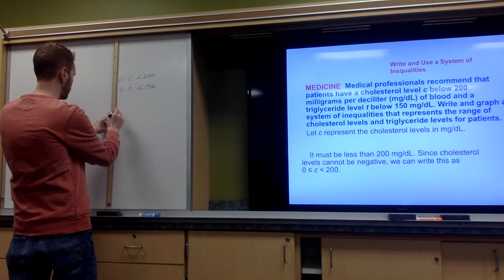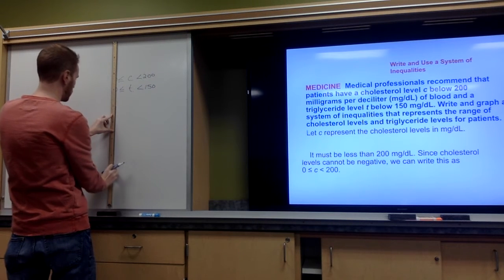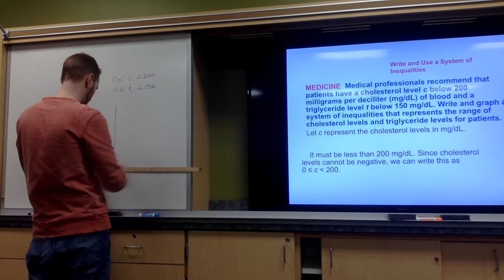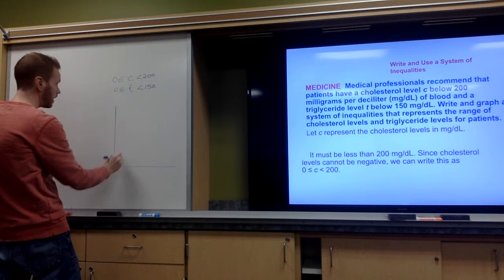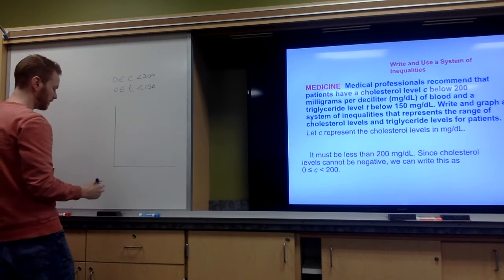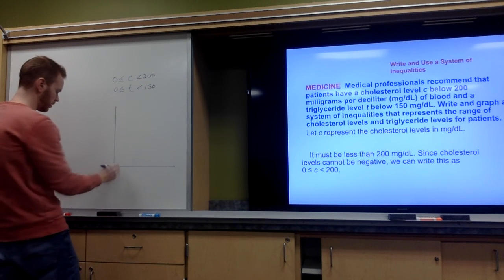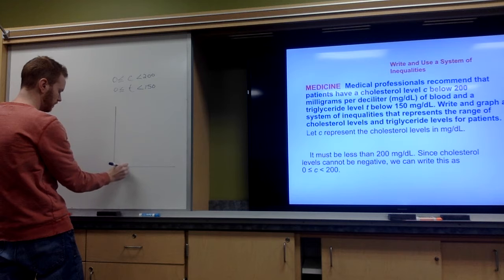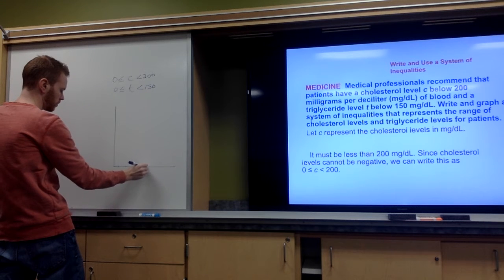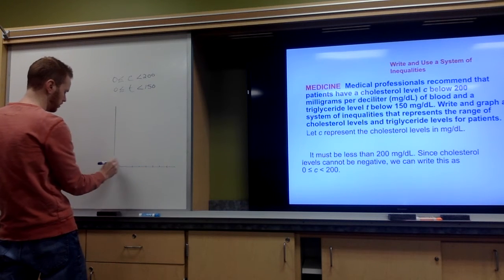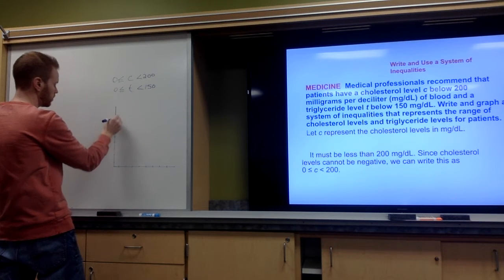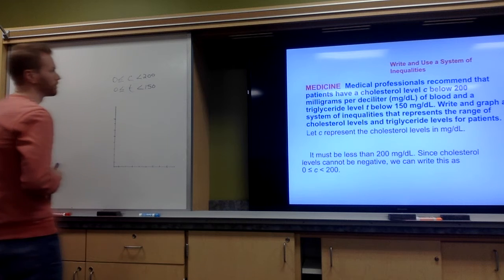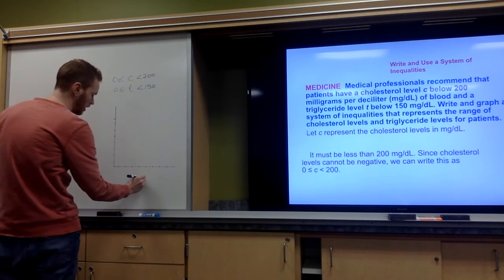Now, let's see if I can draw just a small little graph here. Okay. And since we're at 200 and 150, I'm going to count by, what do you think, 25? 25, 50, 75, 100, 25, 50, 75, 200. I'm going to make this axis my cholesterol levels.